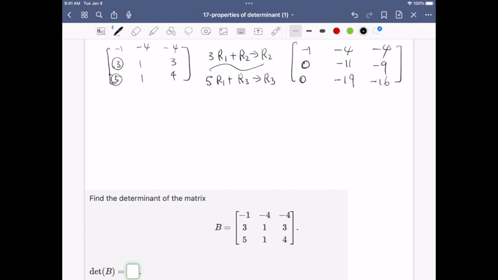Now we have 2 zeros in this column, which means I would choose this column as my expansion.